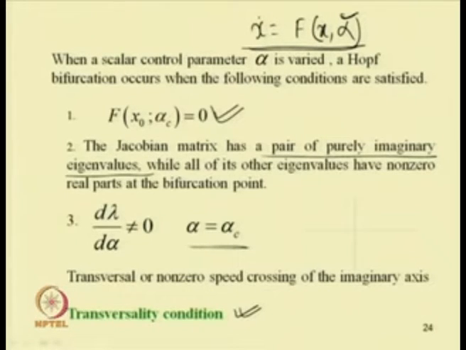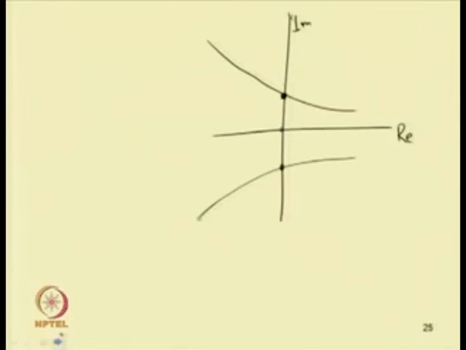In this purely imaginary eigenvalue, one can see that d lambda by d alpha, where lambda is the eigenvalue, is not equal to 0. That means the transversal or non-zero speed crossing of the imaginary axis, that curve we have seen.